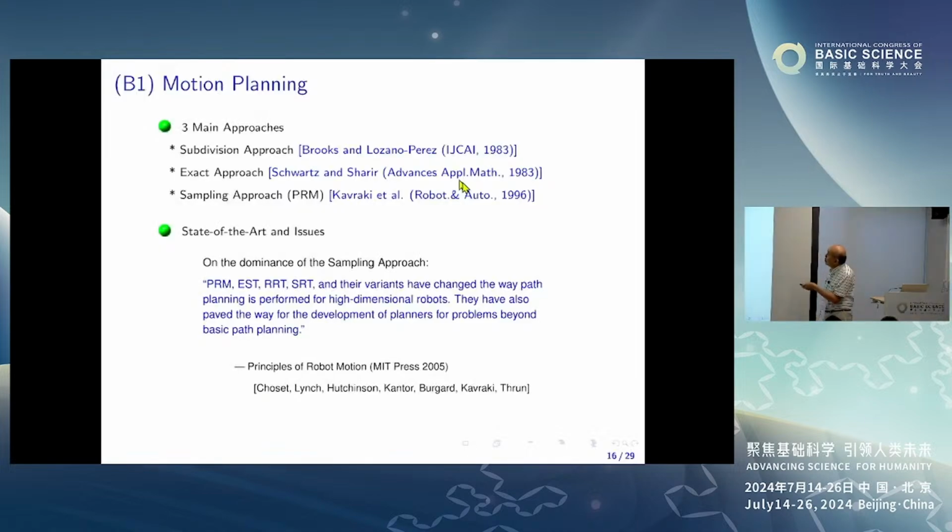The sampling approach, robot implement, you just do random, and this is a code from a different kinds of sampling out here.